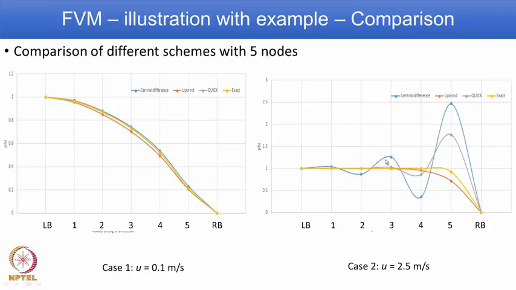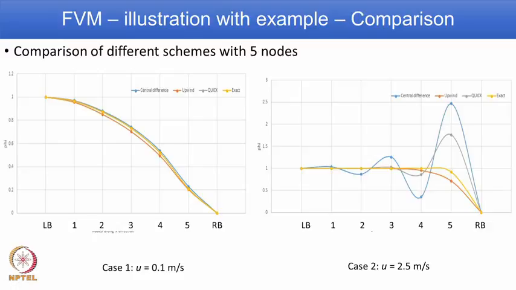You can see here the exact solution is marked by this color, then the upwind scheme is marked by red color, and you have the QUICK scheme, and then we have the central difference scheme. You can make interpretation with this plot itself.